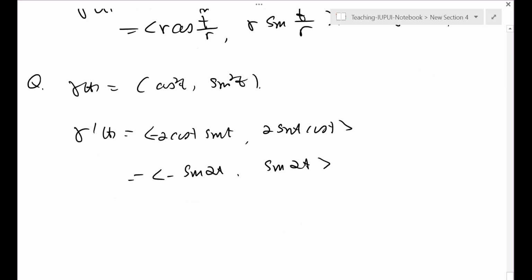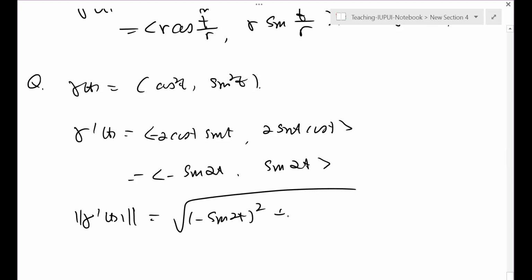Right, double check: 2 cosine t and then negative sine t, and sine t and cosine t. Can you check that, right? So this is going to be what? Wow, surprise, it's a unit speed curve.